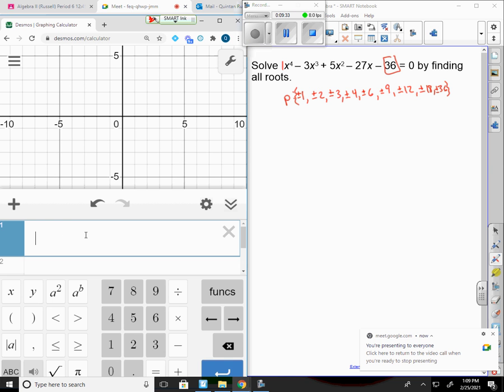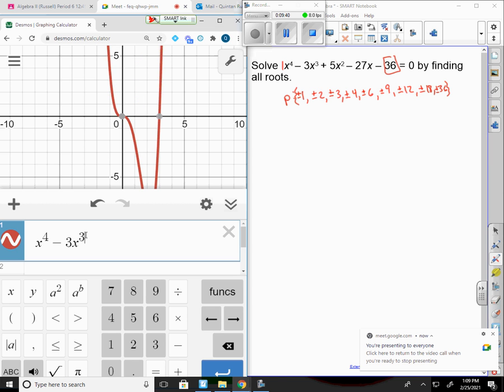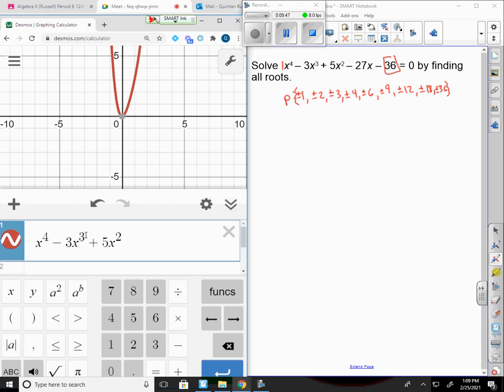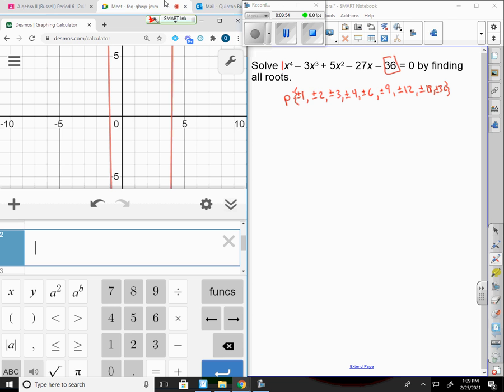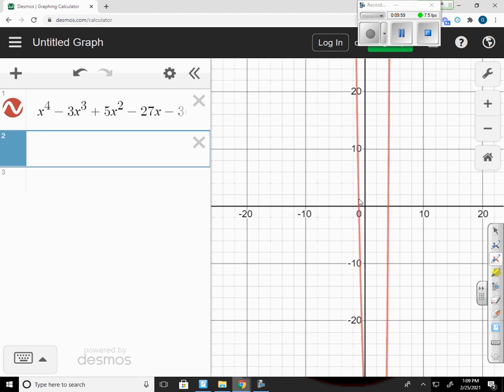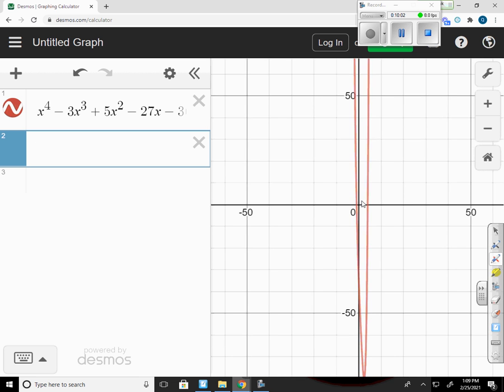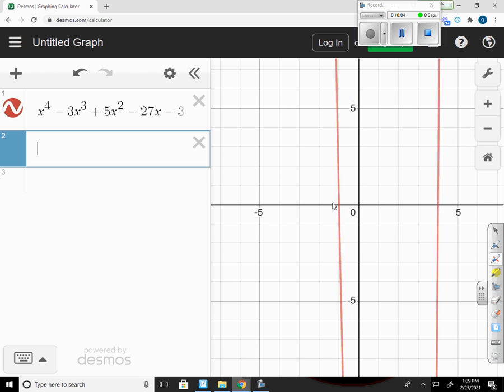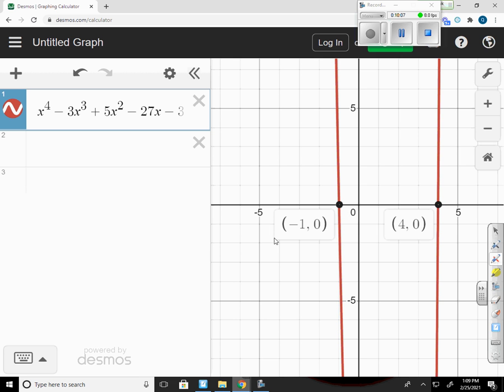We'll plug our equation in: x to the fourth minus 3x to the third plus 5x squared minus 27x minus 36. Now if I scroll out, I can see that I have two roots on here. Click them. There's one at -1 and one at 4.